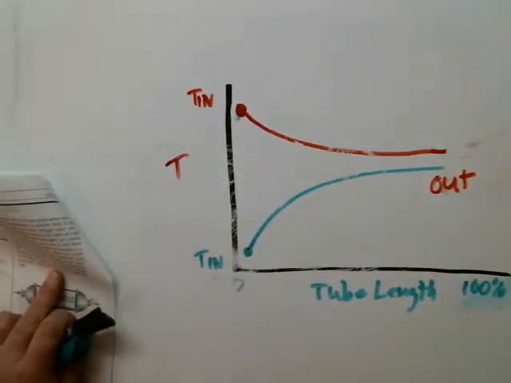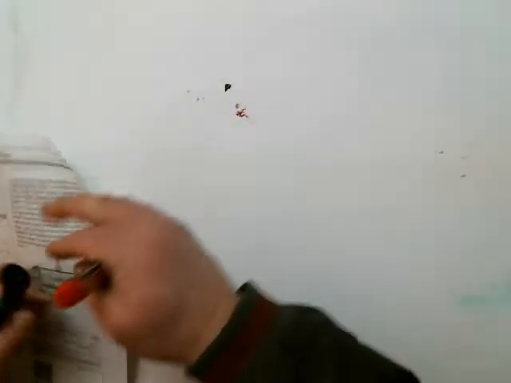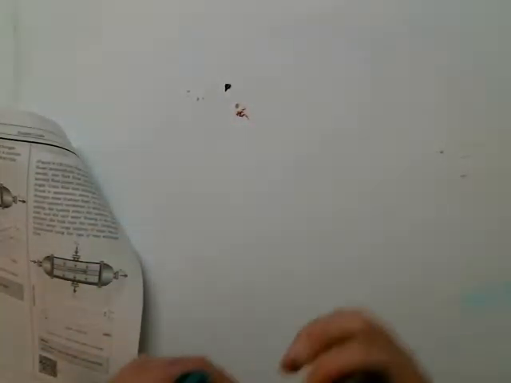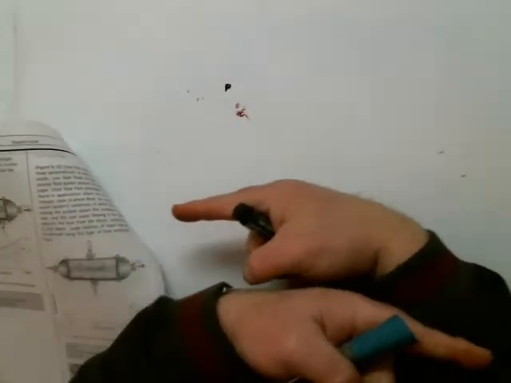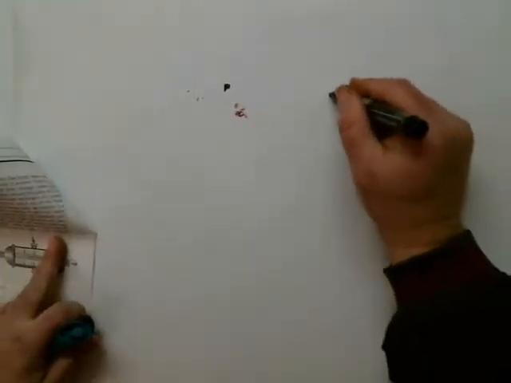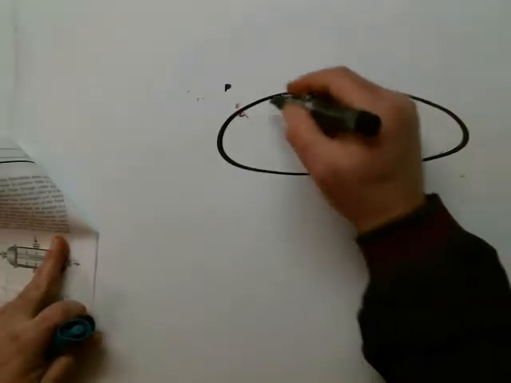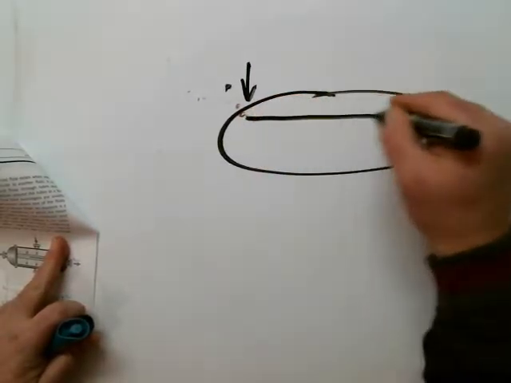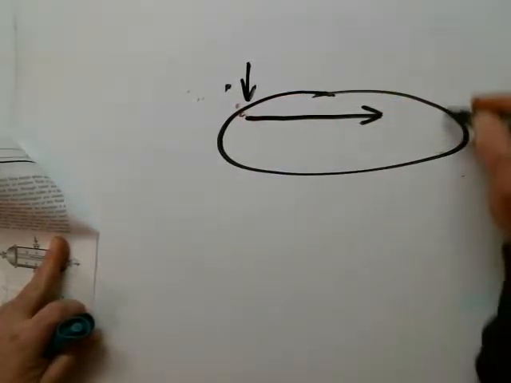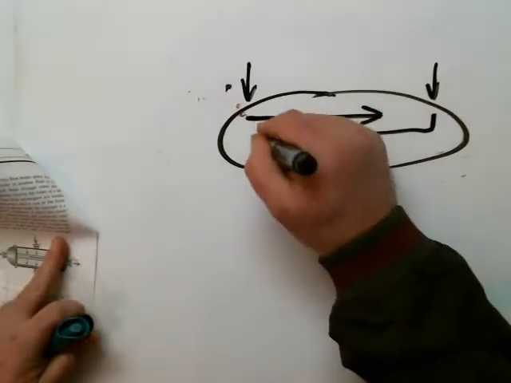What that means is we're going to enter and flow opposite one another. So you're looking at your picture. One fluid's going to come in here and flow that direction. The other fluid could come in and flow that direction.